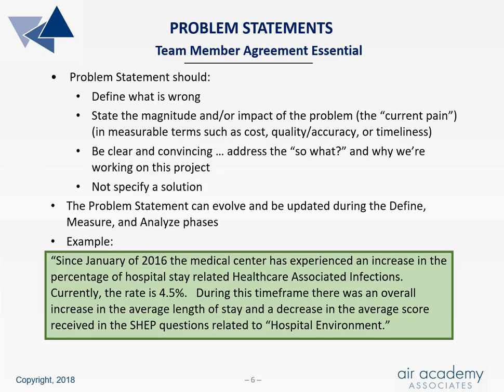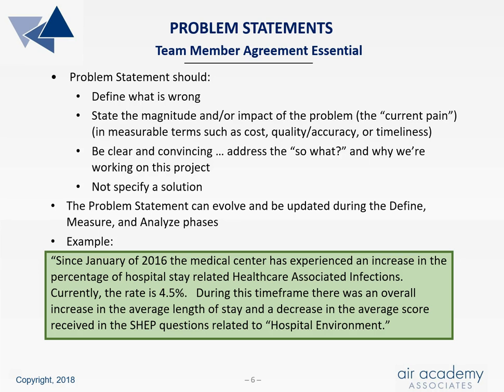Problem statements are key to launching a project on the right track. If the problem statement is not clear and concise, it can result in problems downstream. It is important that all team members take some ownership in the statement, and consensus should be reached. The problem statement should define what is wrong.